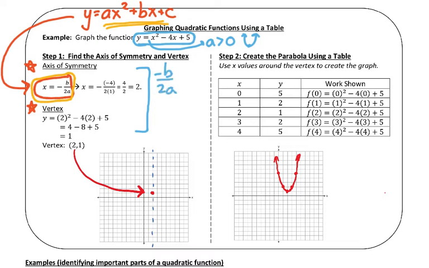You can see that if b was a negative 4, that we saw here, then negative b would make it a positive 4. And we divide that by 2a. A here was 1, so 2 times 1 is just 2. So positive 4 over a positive 2 equals 2. That means the axis of symmetry is at the equation x equals 2.